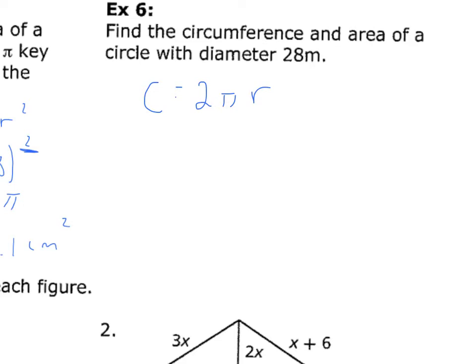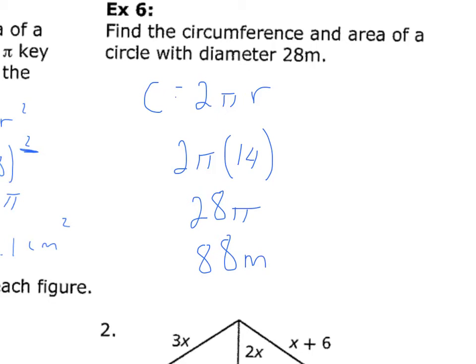So we have 2 times pi times our radius, 14. 2 pi times 14 gives you 28 pi, and if you plug that in on your calculator, that gives you 88 meters. That would be the circumference of your circle.